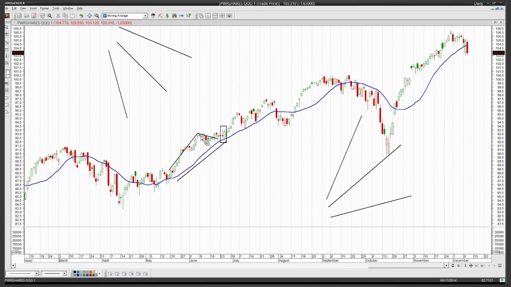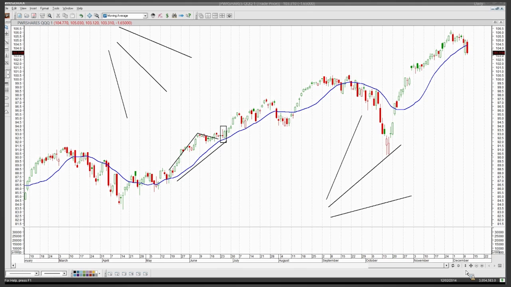At the end of a downtrend, meaning this retracement, this pullback, you get this bullish engulfing pattern. That is your reversal signal. It's telling you that the retracement is over, and the bullish momentum is going to continue to the upside.